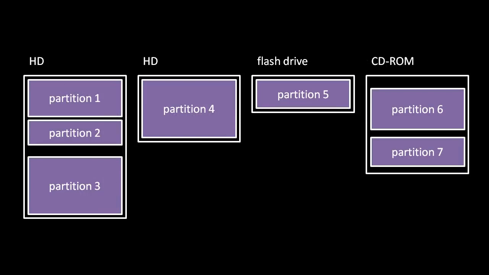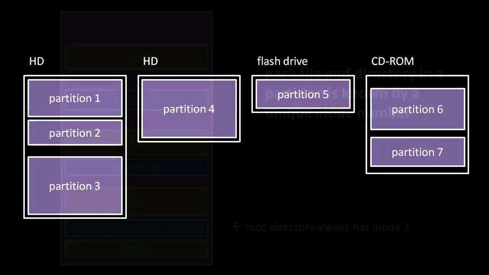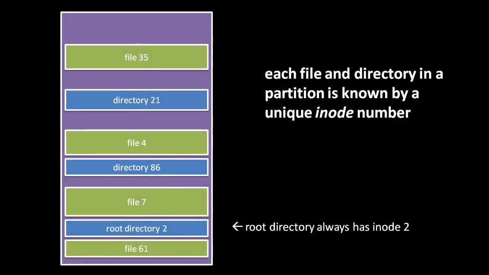Before discussing how to work with directories, recall that each storage device is divided into possibly one or more partitions. It's within these partitions that files and directories are stored, and within each partition, each file and directory is known simply by what's called an inode number, a number which uniquely identifies a file or directory within that partition.